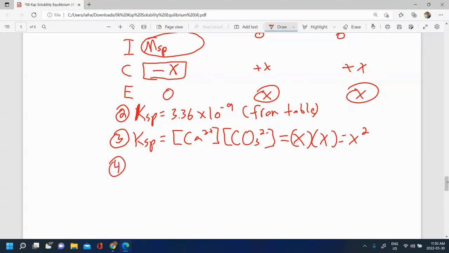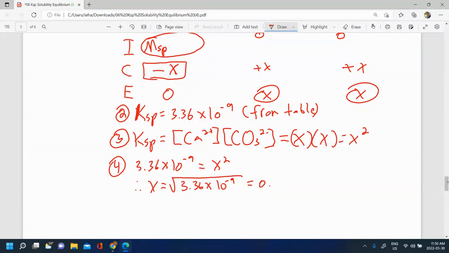So we know that 3.36 times 10 to the power of negative 9 is equal to x squared. Therefore, x is going to be equal to the square root of the Ksp, the square root of 3.36 times 10 to the power of negative 9.